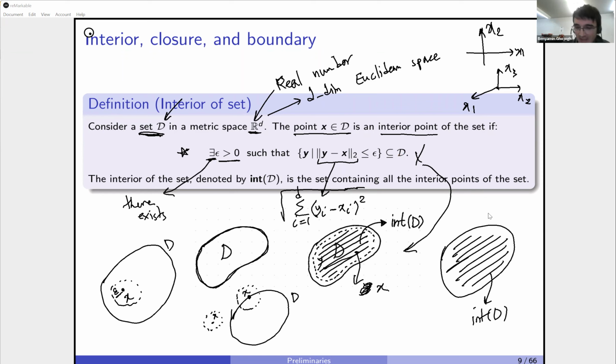And if we have a collection, a set of all of the interior points, then we have the interior set. So all of the interior points of a set D is the interior set of D. Is it clear now? This is the slide.